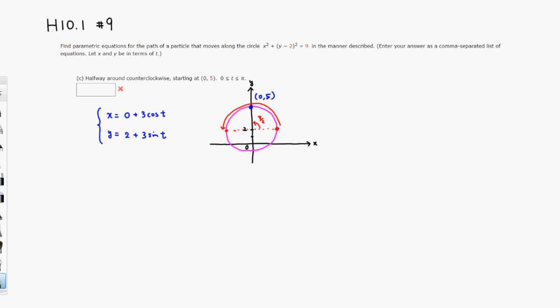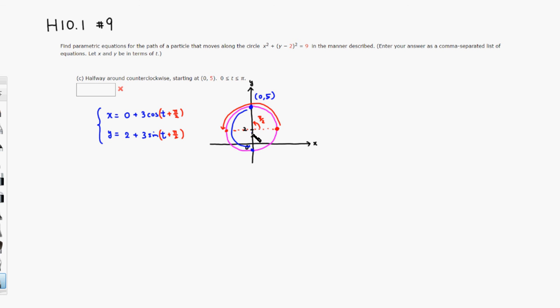We just need to make the following adjustments. We want t to start from pi over 2, so we just add pi over 2 to it, and we have to do the same thing in both, pi over 2. That way it's going to start from this point and then go halfway to that point.